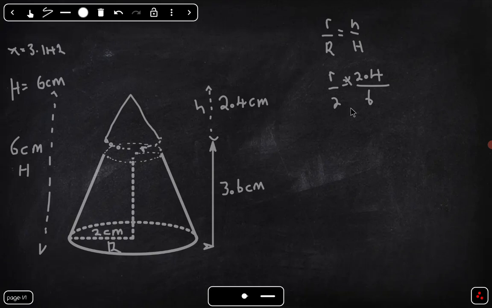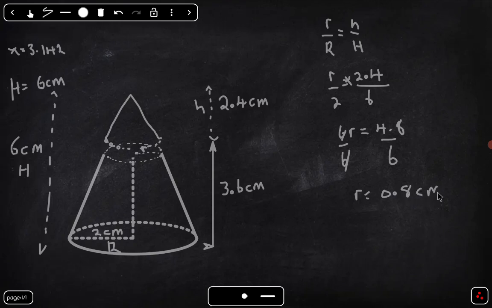Then you cross multiply, so you get 6r is equal to 2.4 multiplied by 2, which is 4.8, over 6. You cancel this, meaning the small radius is 4.8 divided by 6, and you get 0.8.